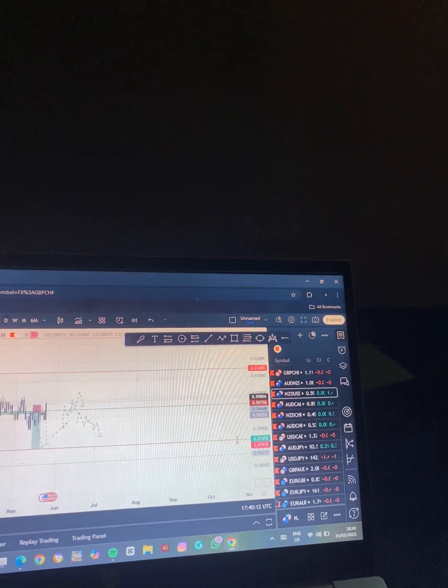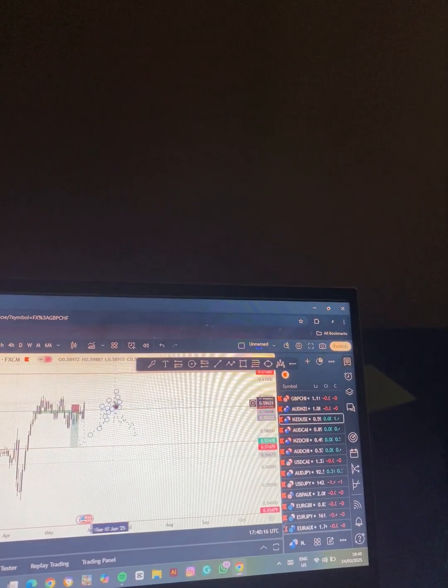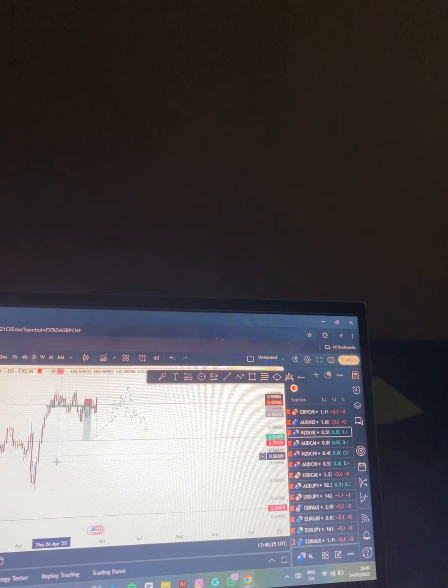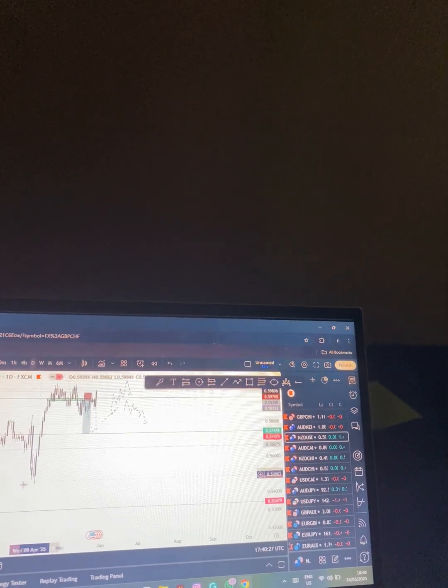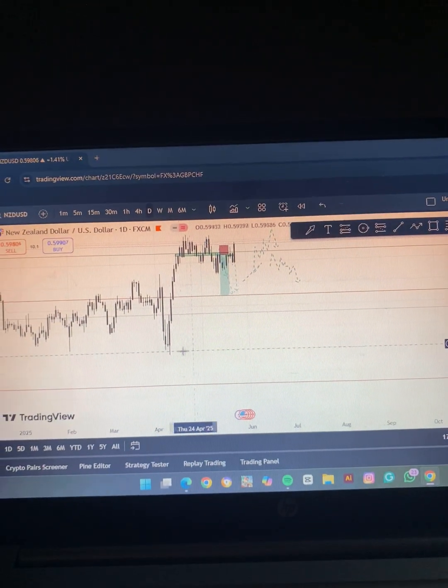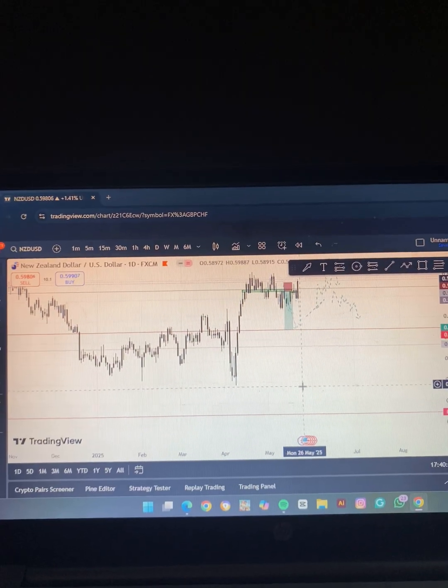On the lower time frame, like I said before, regardless of if it does this, it's still an uptrend, until it breaks this lower high.